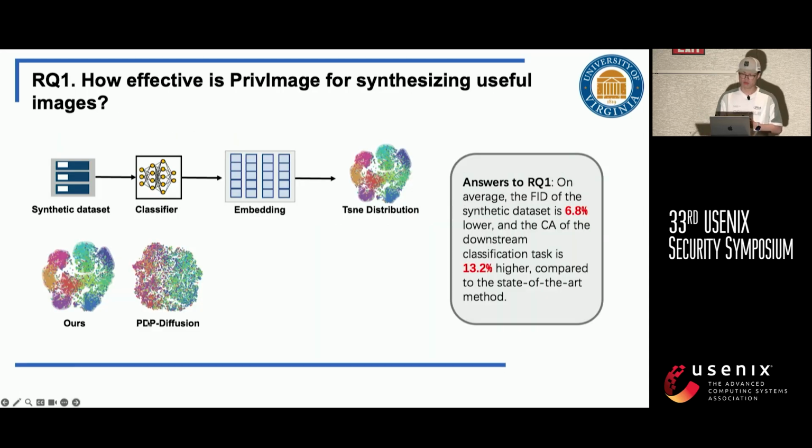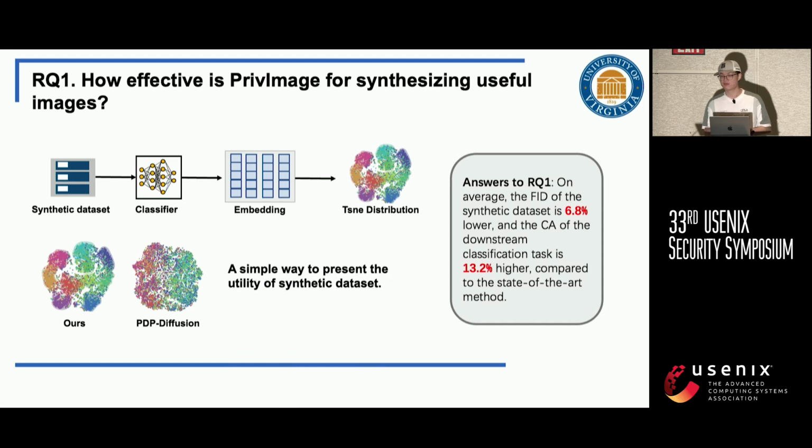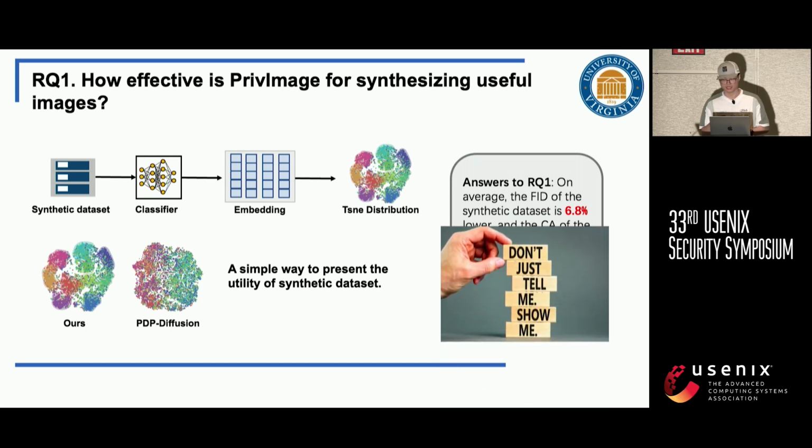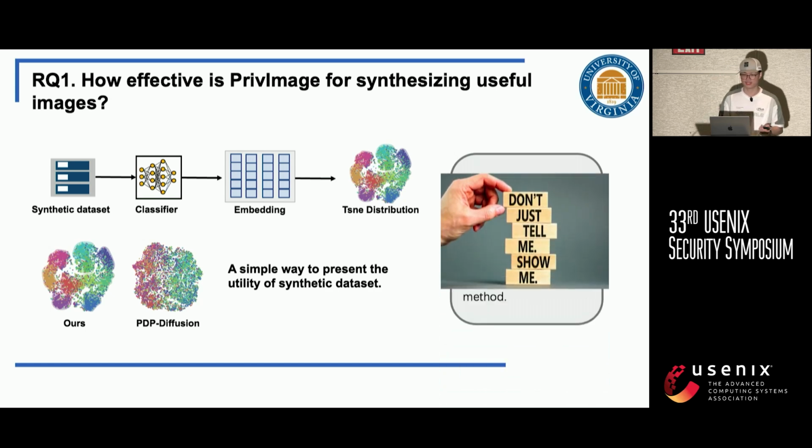Then I will introduce our evaluation by answering two research questions. The first one is how effective PrivImage is for synthesizing useful images. We list various values in our paper to highlight the strengths of our method, but here I prefer not to present them. This is a synthetic dataset.